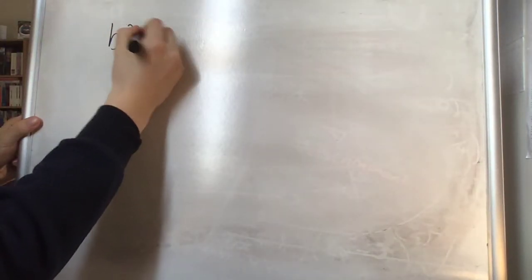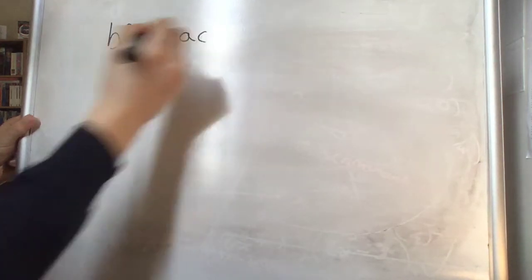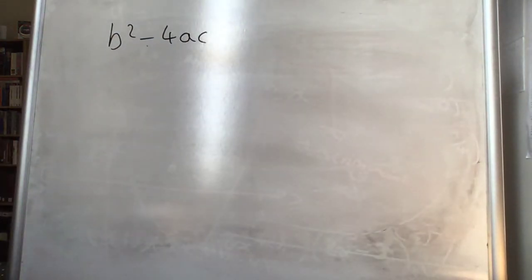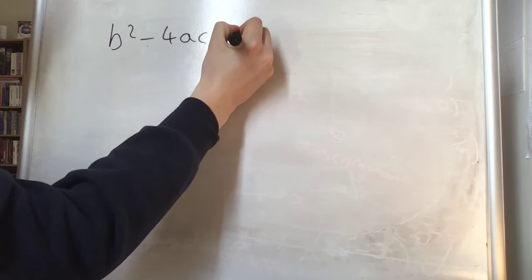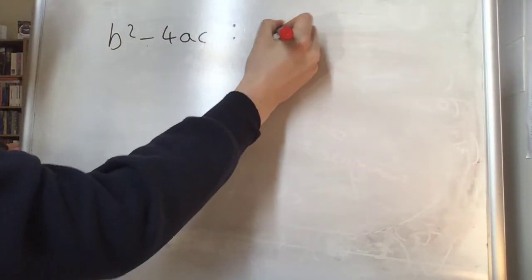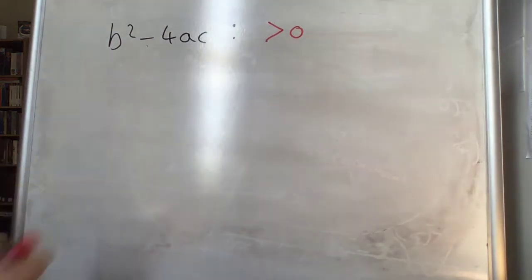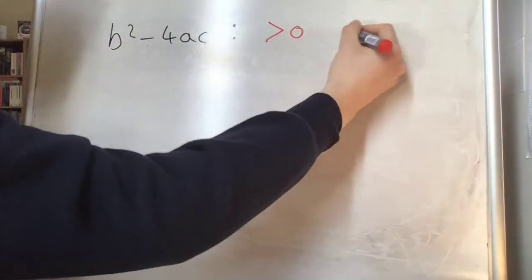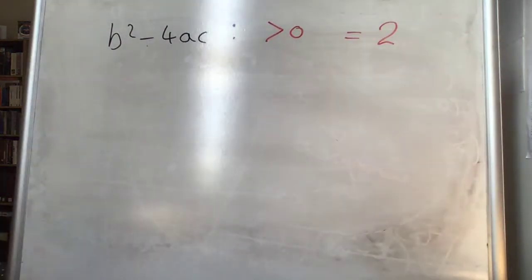So let's rewrite this discriminant now. b squared minus 4ac. So the value of the discriminant will therefore show how many roots our function of x has. So if b squared minus 4ac is greater than 0, then that's going to have two distinct roots.